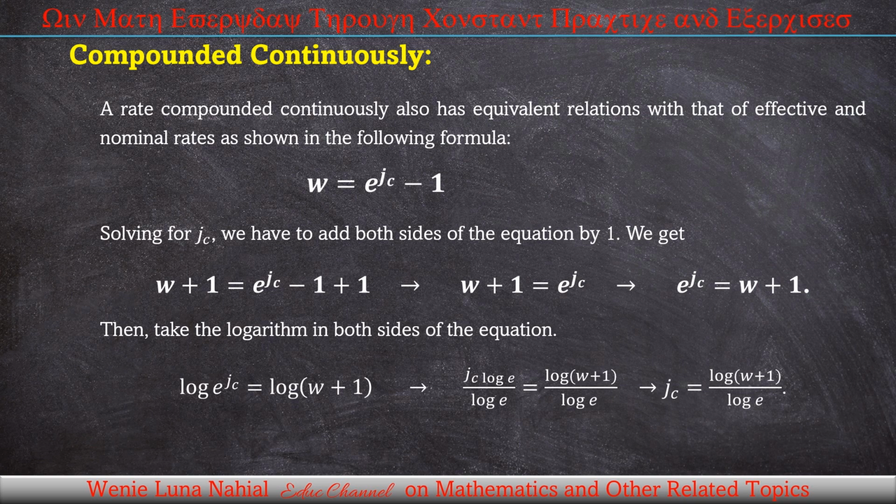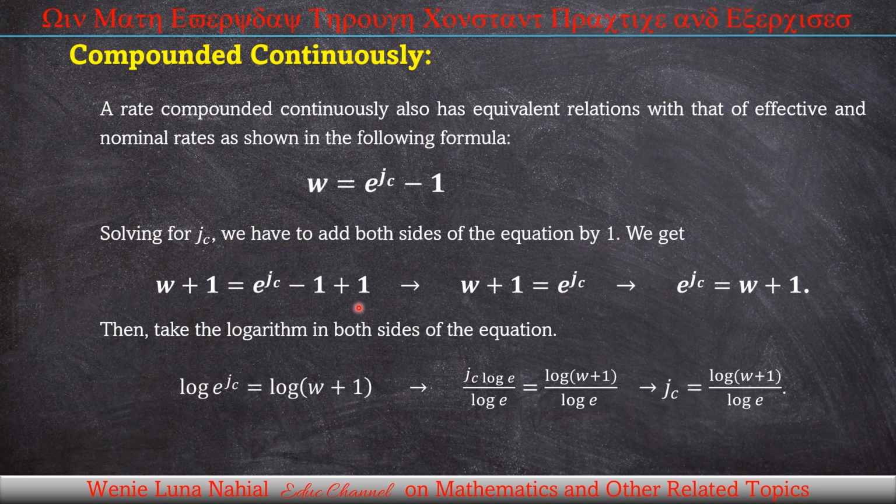Now, compounded continuously. A rate compounded continuously also has equivalent relations with that of effective and nominal rates as shown in the following formula. So w here, this is our effective rate, equals e raised to j sub c minus 1. Now, solving for j sub c, we add 1 to both sides of the equation.